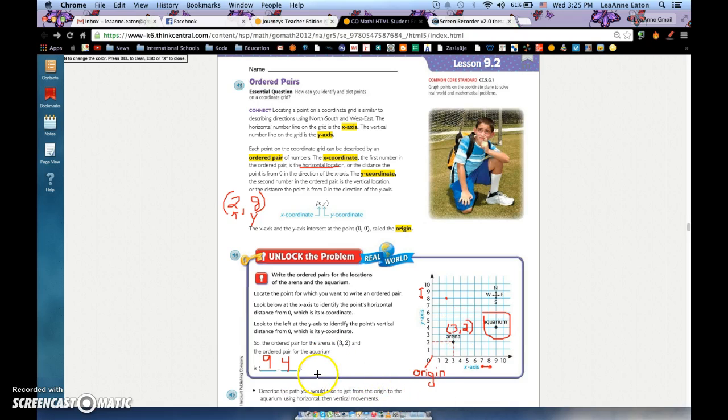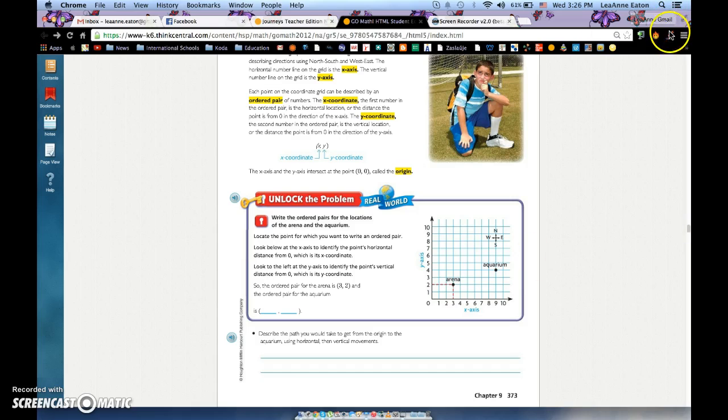Then down here we have: describe the path you would take to get from the origin to the aquarium using horizontal then vertical movements. The way that you would do that is, it disappeared because I had to move my pen. All right, so this was 9, 4. Okay, so here what we're going to write is we would say we would go, and which direction is this going?